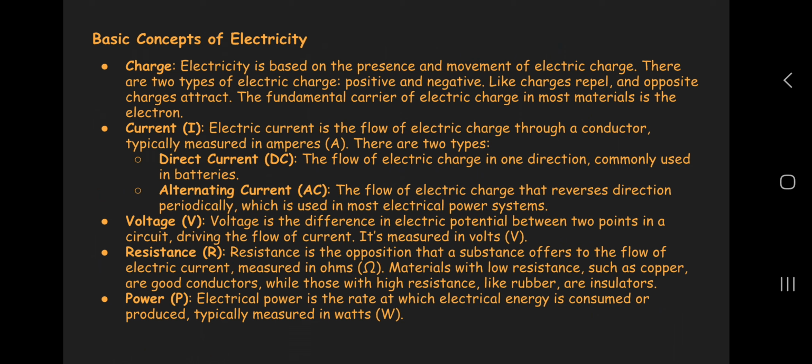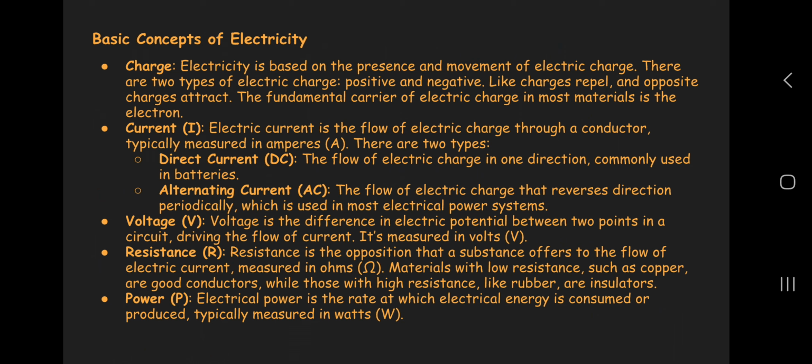One non-conductive resource could be, for example, wood. So wood is non-conductive because electricity cannot flow through it.